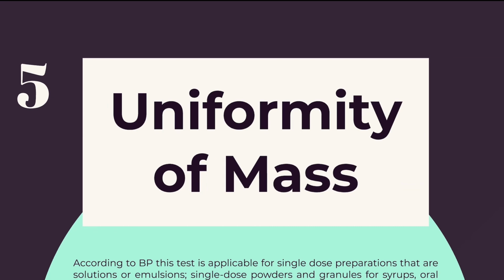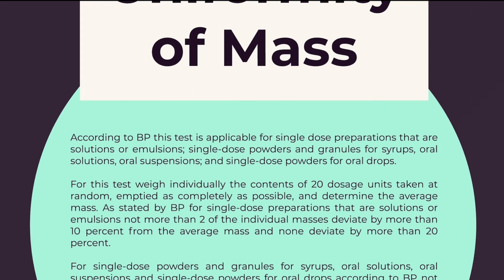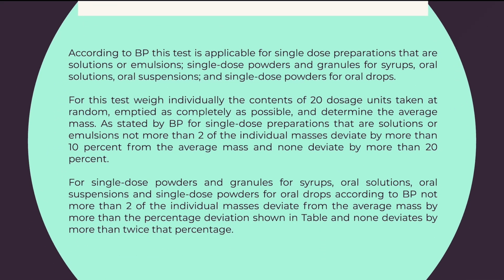5. Uniformity of mass. According to BP, this test is applicable for single-dose preparations that are solutions or emulsions, single-dose powders and granules for syrups, oral solutions, oral suspensions, and single-dose powders for oral drops.